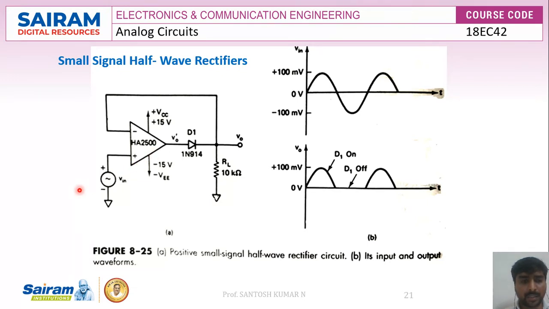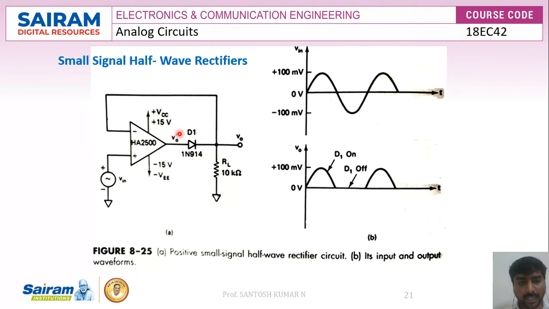Let's consider when Vin is in the positive direction. When Vin is positive, the output Vo also starts to increase in the positive direction, and the diode D1 becomes forward biased. Since it is positive, Vo dash will also become positive, because the small signal gets multiplied with the open loop gain.